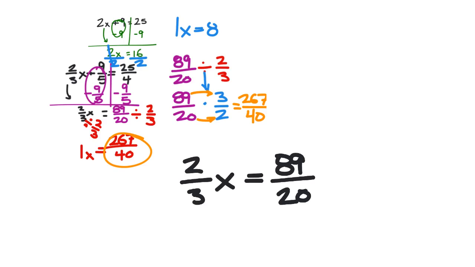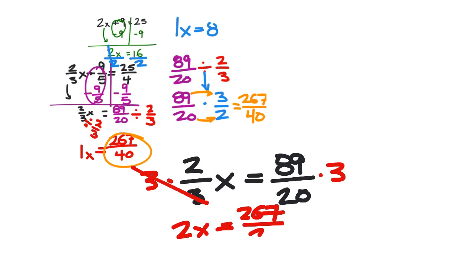However, if you looked at this and still applied the principles of equality, right? So it's like, well, look, I'm going to multiply both sides by 3 in this case to cancel out the denominator, which would then make 2x equals 267/20ths, right? That still works.